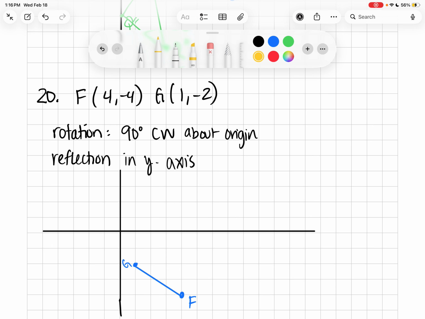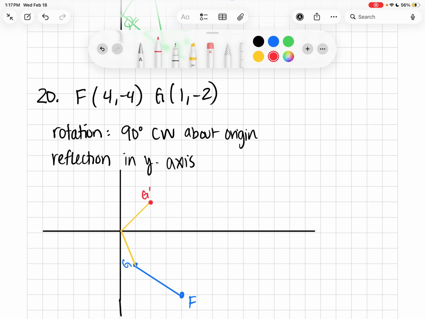So it's being rotated about the origin, so I'm looking at going from here to basically going through here. Not getting crazy picky about it. Something roughly like that. So then that means that this would be G prime.